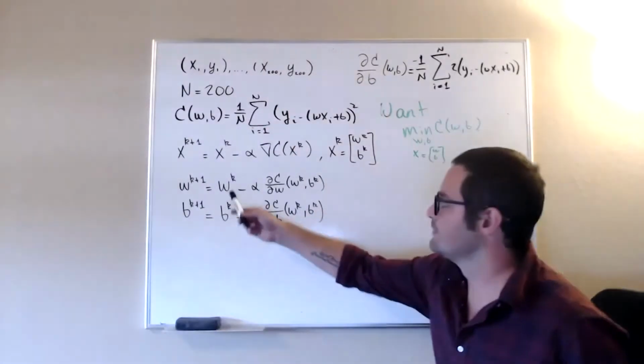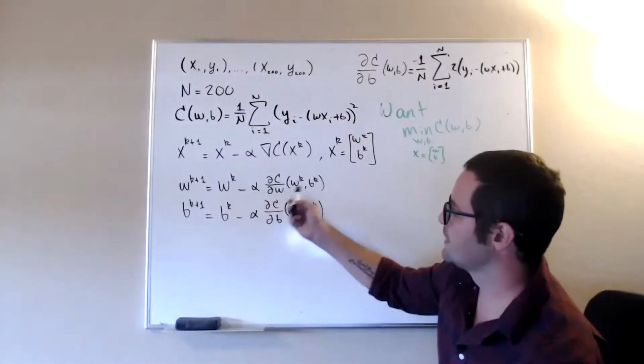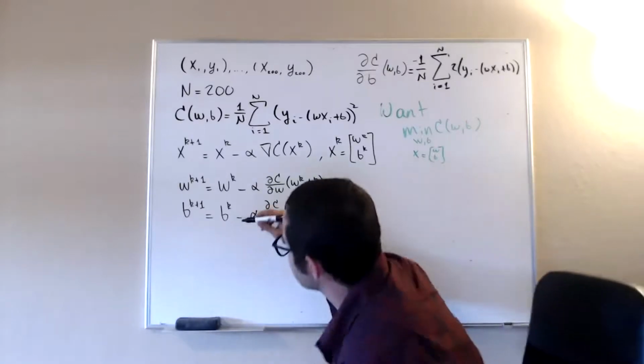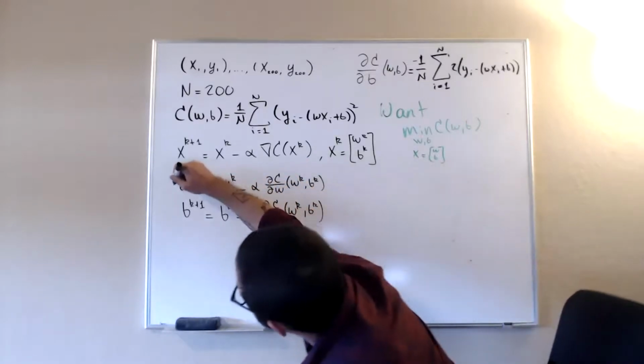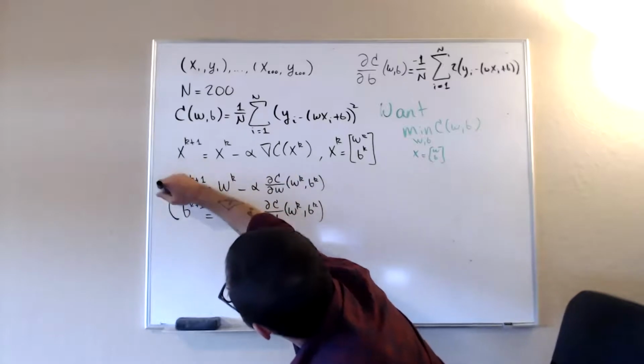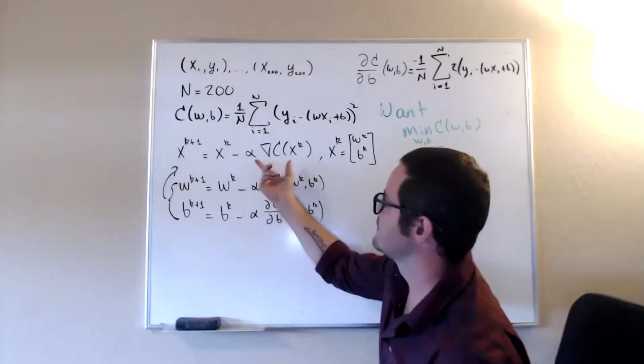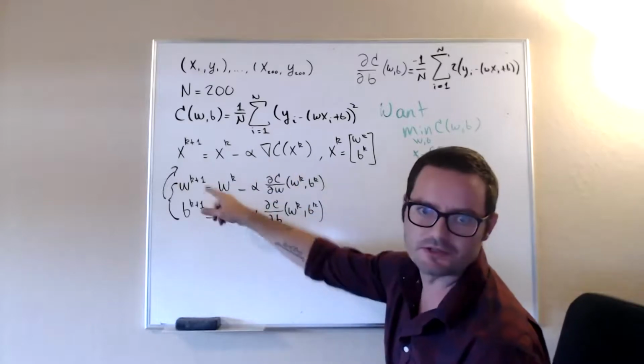We're starting at the weight, and we just subtract off an alpha times the partial, right? Now, this is equivalent to that update step up there. This is using vector notation, and this is just doing it component-wise.